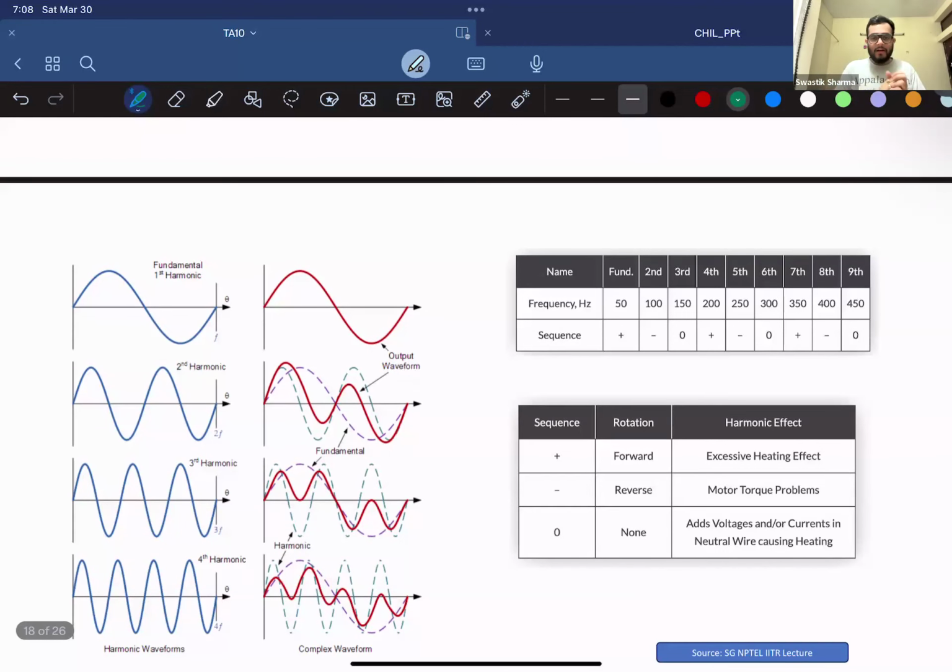Okay. So the next topic that the instructor covered was the effects of harmonics and what are the mitigation techniques, right? So what are harmonics? You have a sinusoidal AC wave, right? It oscillates at 50 hertz frequency and it goes from VM to minus VM. And that's your perfectly fine looking, stable looking AC wave.